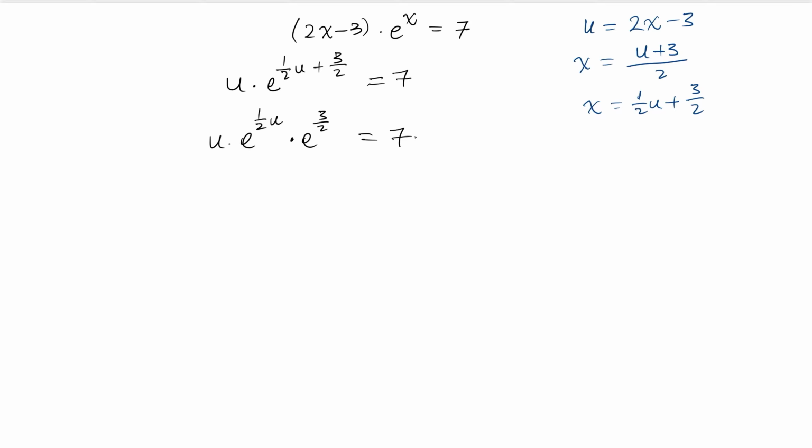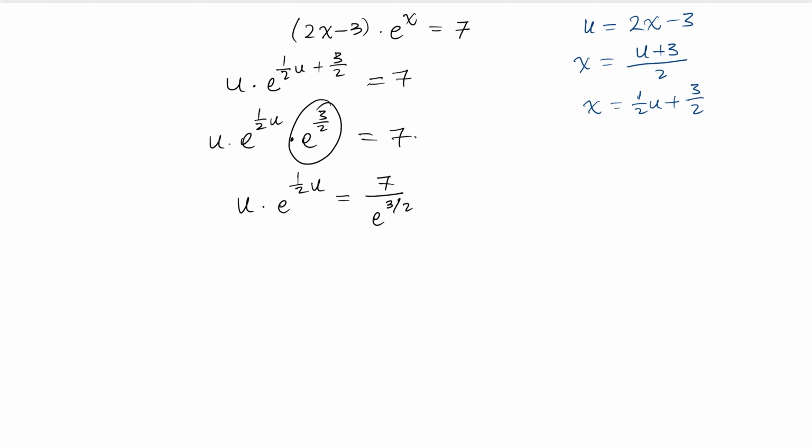Now I'm going to take this across. So I'm going to have u multiplied by e to the power half u equals 7 divided by e to the power 3 over 2.